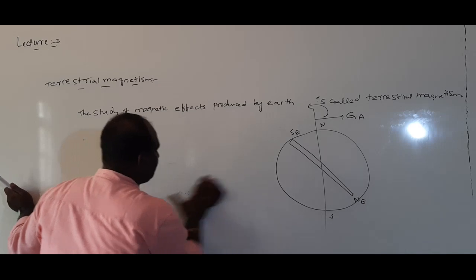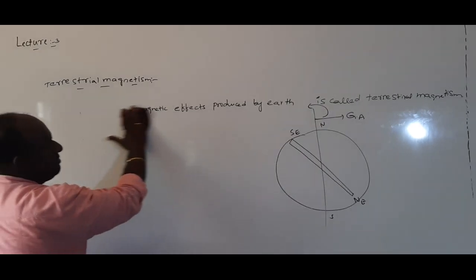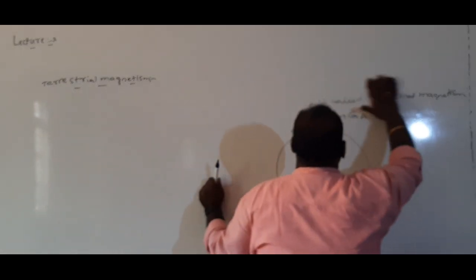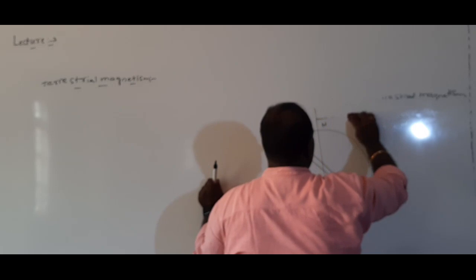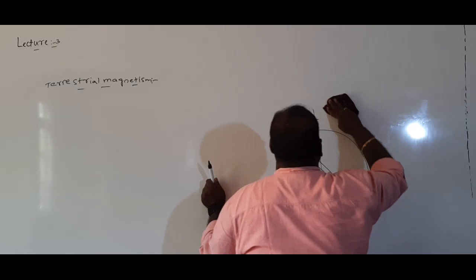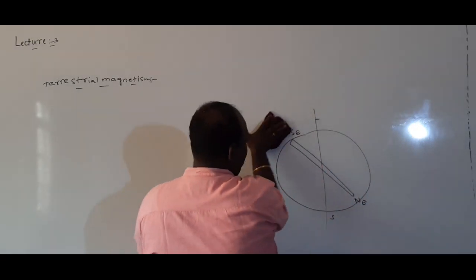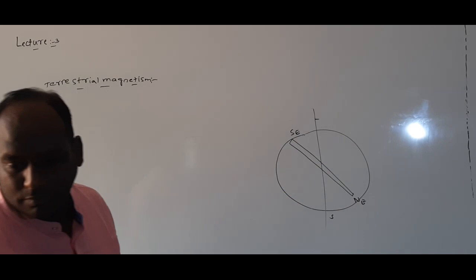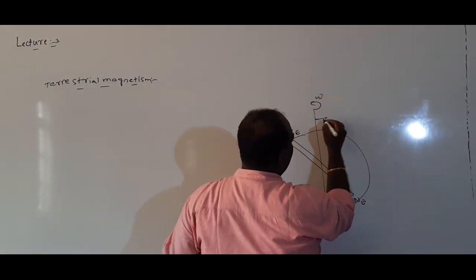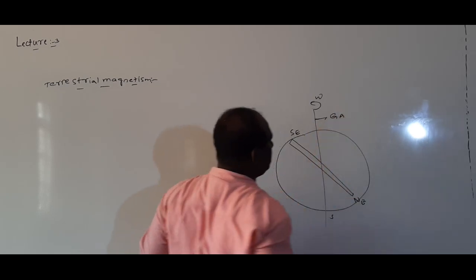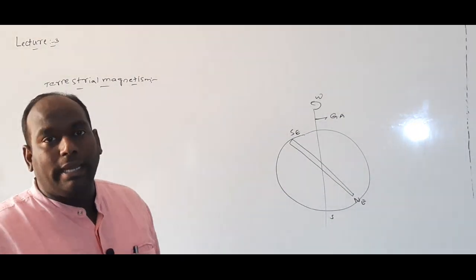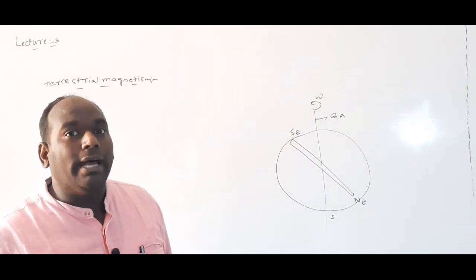We know that this is the axis about which Earth is rotating. This is the geometric axis. Now, we know that like poles repel each other, unlike poles attract each other.